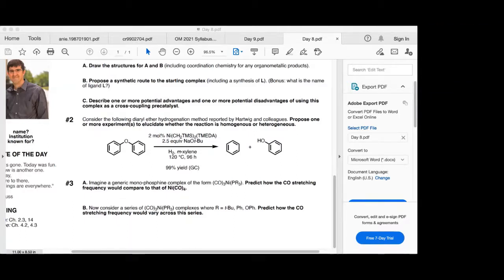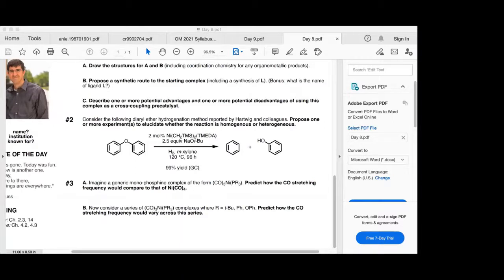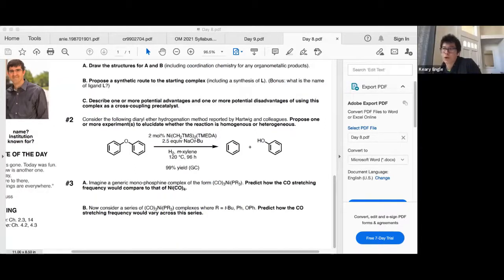I think that the t-butyl group is the more donating through inductive effects out of the other ones, and I think that it would follow in that order. So you would expect t-butyl to have the lowest frequency, then phenyl, and then phenoxy. So it looks like one of the points of confusion was how phenoxy fits. And why did you identify the phosphite as a stronger pi acceptor?